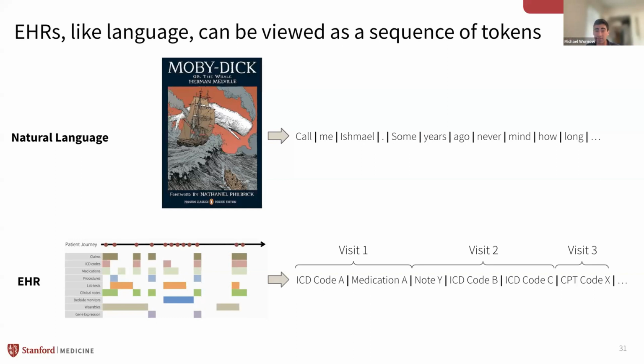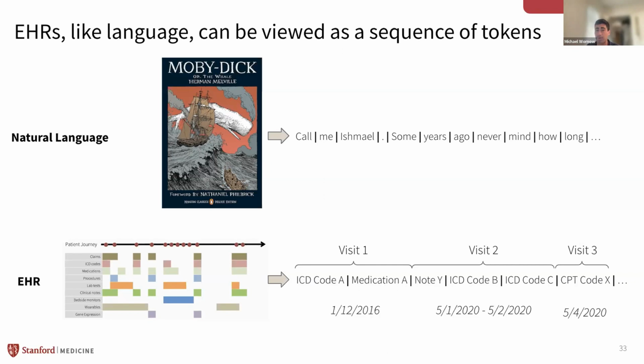But the main difference, unlike sentences in English, is that the ordering of events within a visit can be random and doesn't actually have to matter. Like what you see on the screen here, where you have ICD code A, medication A in visit 1, could equivalently be represented as medication A, ICD code A. The reason for this is that a lot of structured data isn't actually coded up until the end of the visit, so the ordering within a visit is kind of arbitrary. So there's that nuance that you want to take into account.